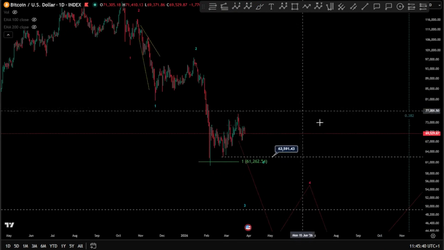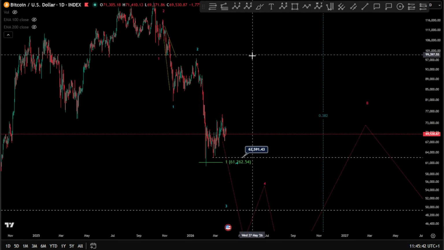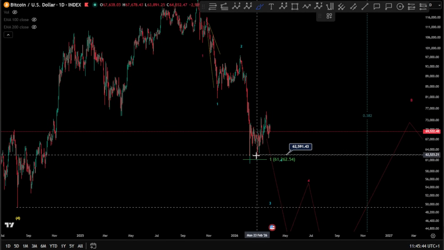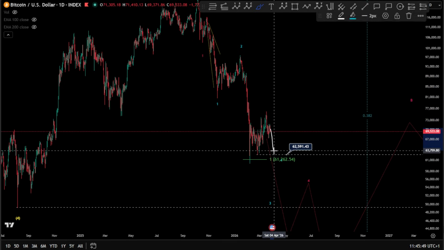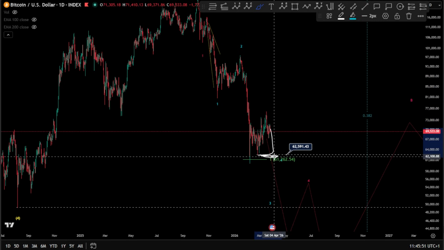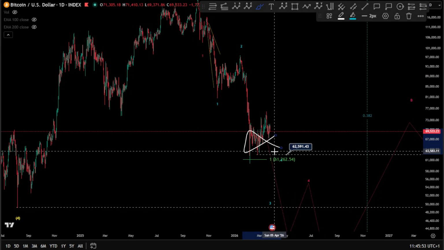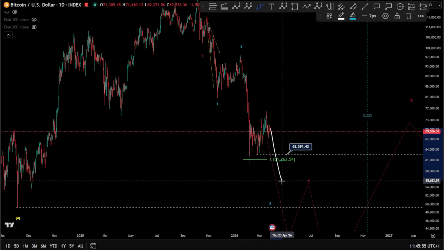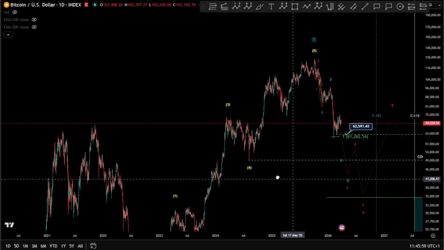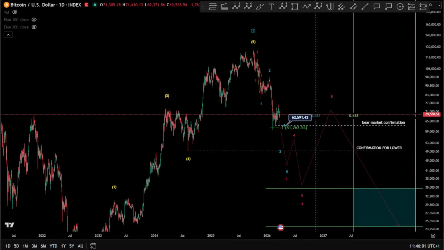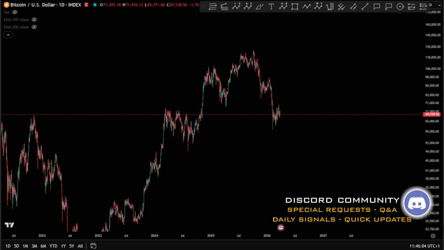This is a 100% confirmation that nothing will be bullish again. Why? Because we have a double 1-2 possibility here for higher. If this wave 2 got broken by taking the low, then it's gone. It is gone, guys. So therefore, we continue toward the downside. Nothing is bullish anymore. Bear market confirmation. So this is regarding the deep analysis.